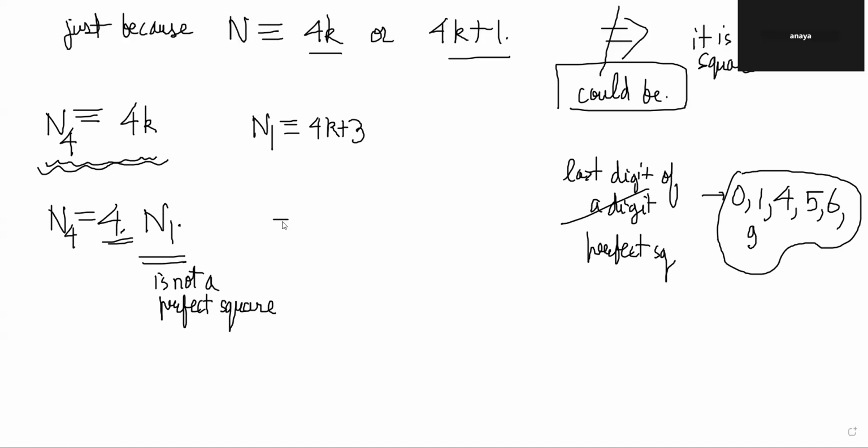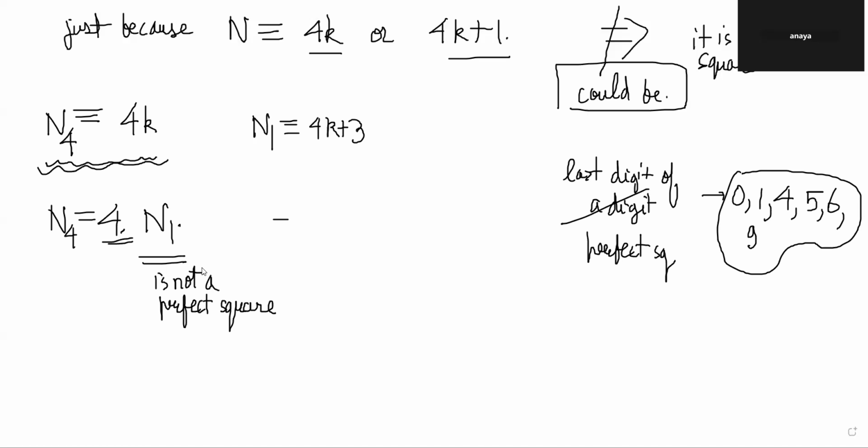But 4 times something that is not a perfect square cannot be, no?